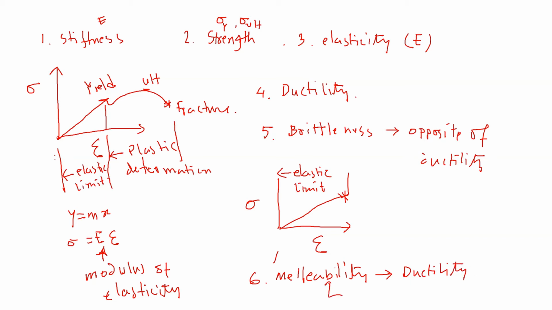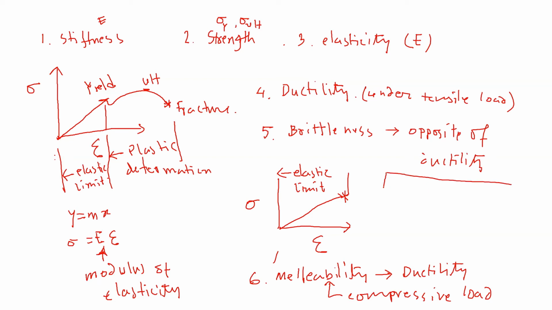So this one is under compressive load. So how much a material can go under plastic deformation under compressive load, and this one is under tensile load, ductility. Like that.